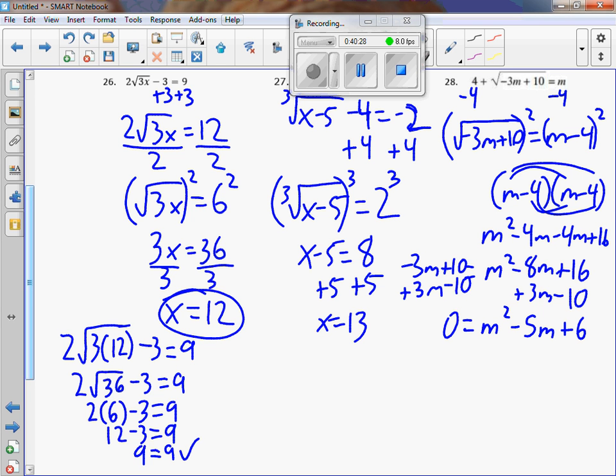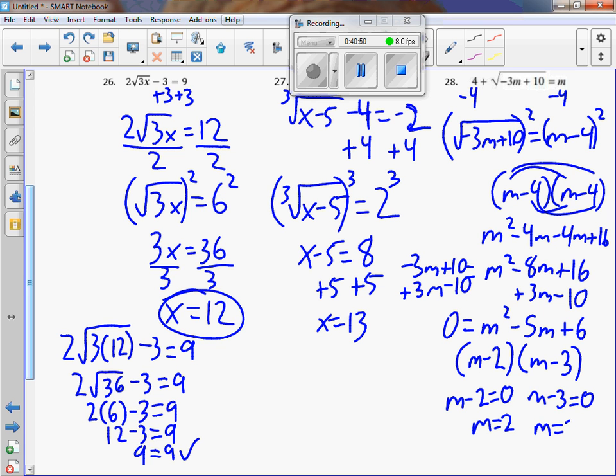And what we get is a trinomial, m squared minus 5m plus 6. Add and multiply. It's going to be m minus 2, m minus 3. Those add up to negative 5, multiply to 6. To solve, we'll set them both equal to 0. We'll get m equals 2 and m equals 3.